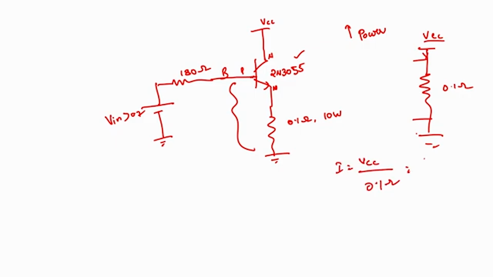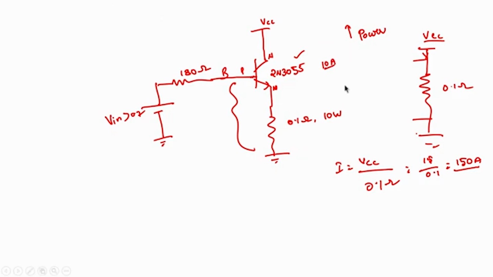If I say 15 volts, it will be 150 amps of current. Actually, it has to pass 150 amps, but does your transistor withstand such a current? No. If you look into the data sheet, the 2N3055 can withstand a maximum current of only 10 amps.